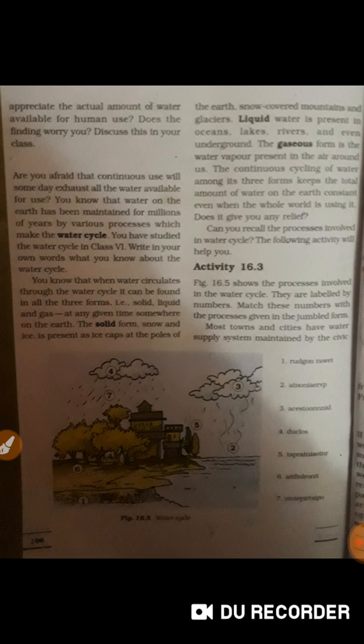The groundwater thus gets recharged by this process because every now and then we have rainfall, isn't it? So that rain goes into the soil, gets absorbed there, and that is what we call groundwater, and it gets recharged this way. Once there is rainfall, the groundwater gets recharged.